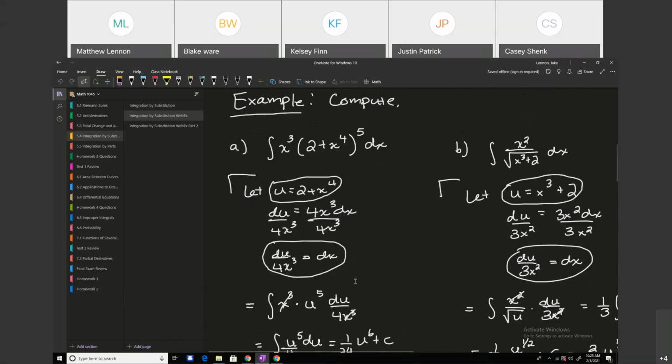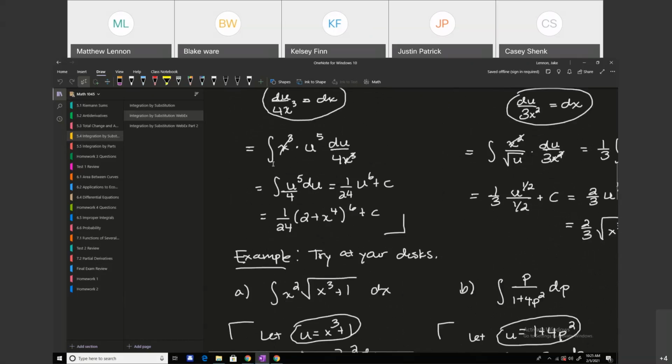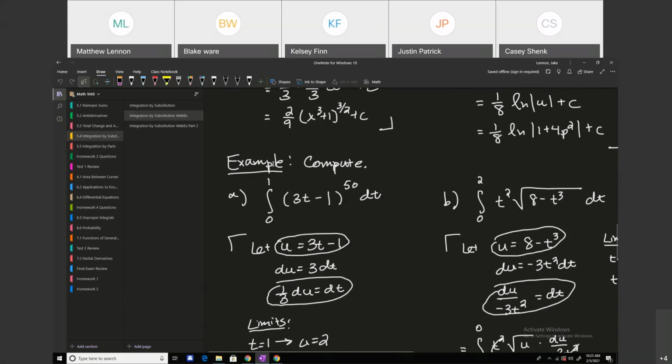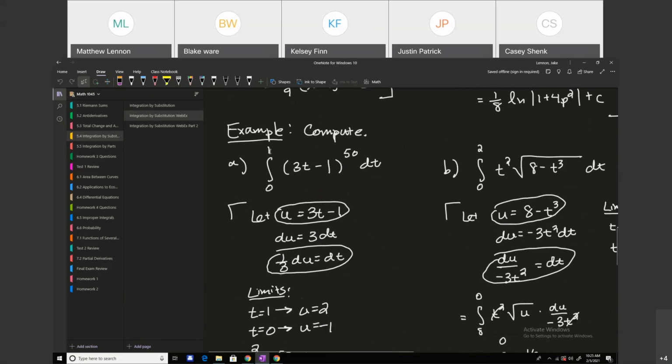But that's only because it was not a definite integral, meaning there's no limits. But with the one we just did, and maybe one like this, we had limits. So rather than switch back and use the limits, which would look more complicated, it's actually much easier to do it this way, where you just switch the limits from x values to u values.